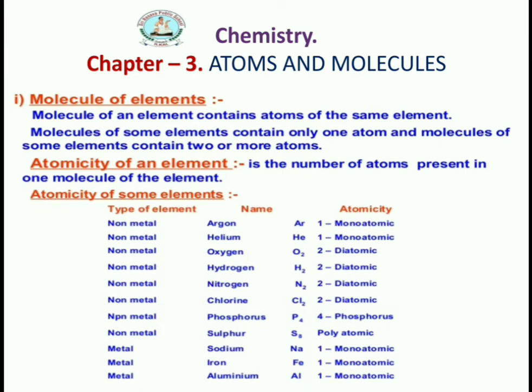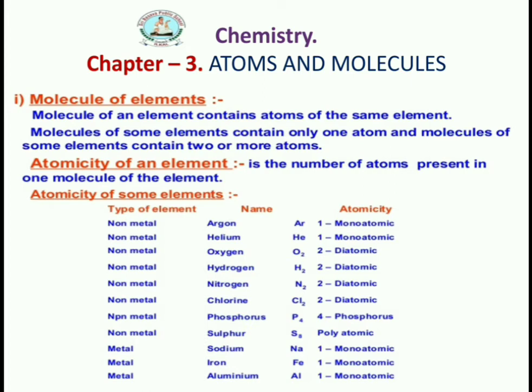Some molecules of elements contain only one atom, and some contain 2 or more atoms. H2O, hydrogen is 2, oxygen is 1, but they are different elements, and the properties are similar to water. Clear?